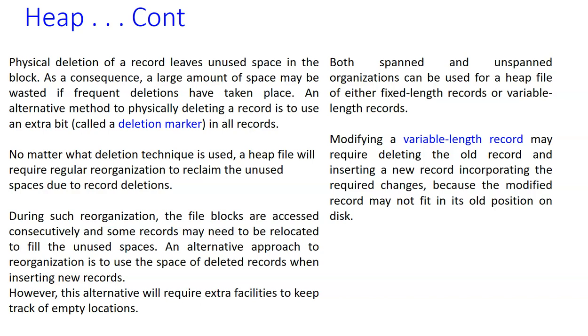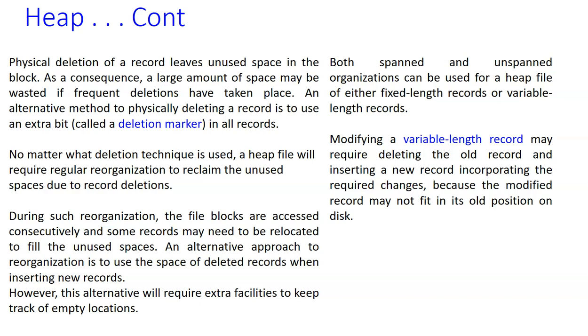So you have two options. There's the process of reorganization, such that the records take up the unused space of the deleted records. Alternatively, you can leave these deleted spaces such that the new records are inserted into the spaces of the records that were deleted.